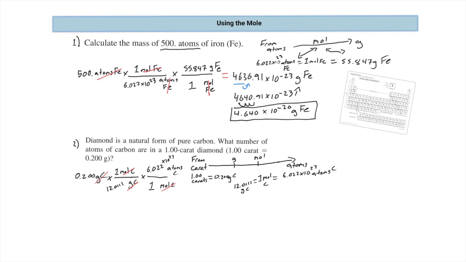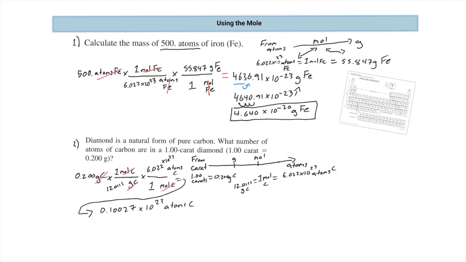And I don't have much room here, so I'm going to move that answer down here, and I get 0.10027. Can't forget about our times 10 to the 23rd. Atoms of carbon.